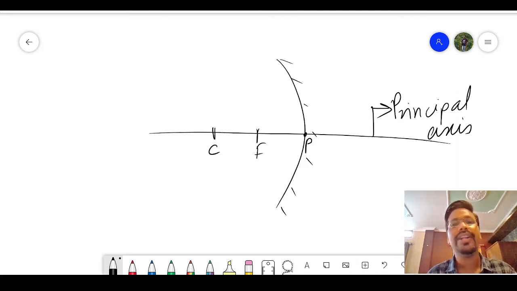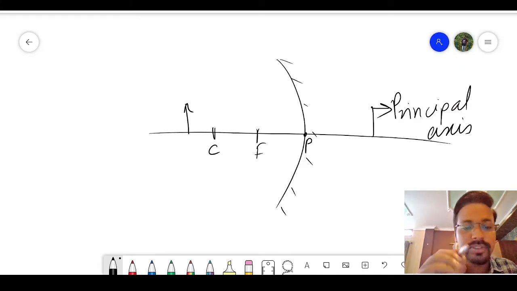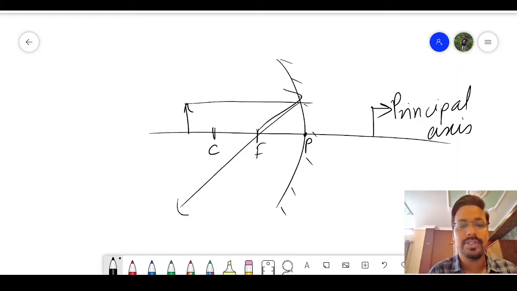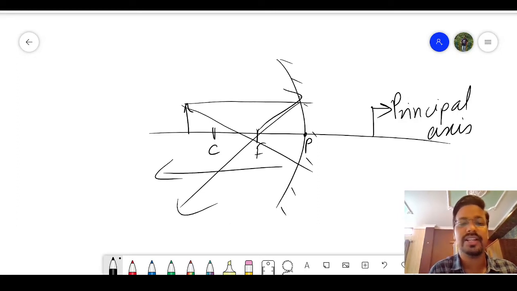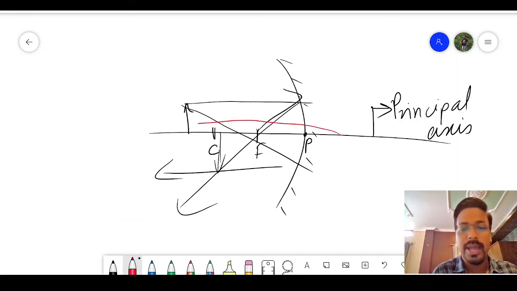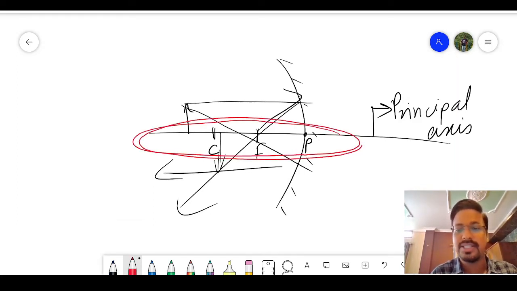So whenever you draw an object placed in front of a mirror, the object is always placed on top of the principal axis. From here the rays of light will come, they will reflect, they will form the image. The whole process happens along this principal axis.